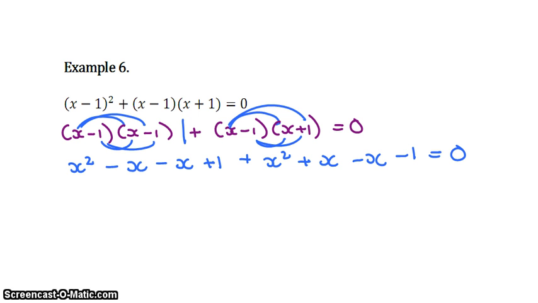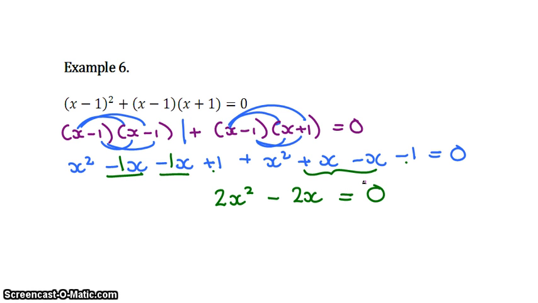Collect up like terms and then factorize. So x squared plus x squared gives me 2x squared, minus 1x minus 1x is minus 2x. And plus x minus x cancel. And plus 1 minus 1 cancels, which means I get 2x squared minus 2x equals 0, which is relatively simple.